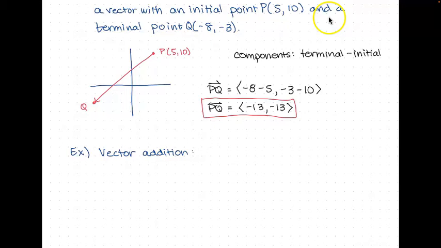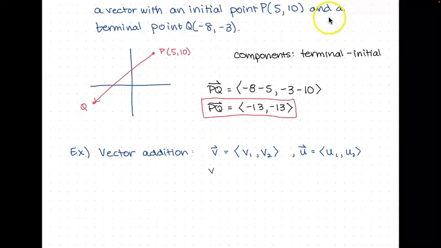Vector addition, let's just say that I have vector v, which is (v1, v2). Those are the horizontal and vertical components. Vector u, which is (u1, u2).